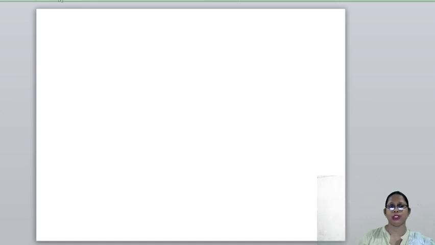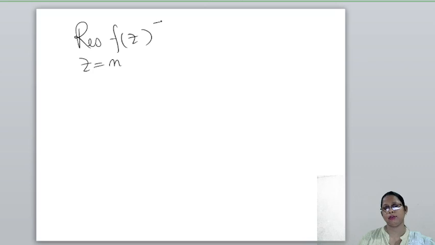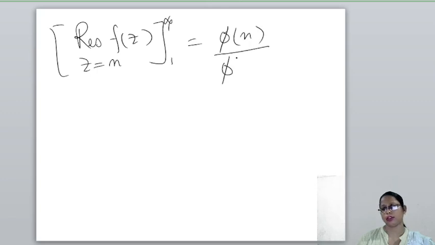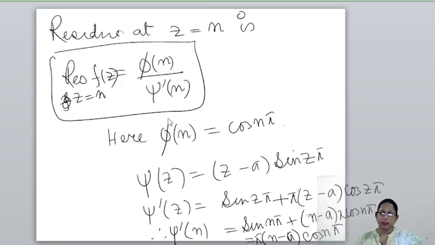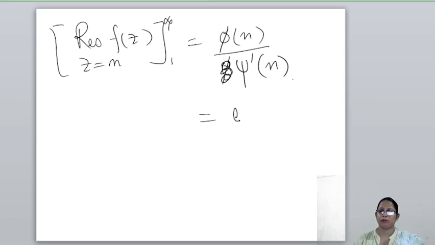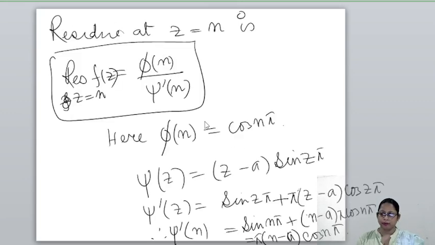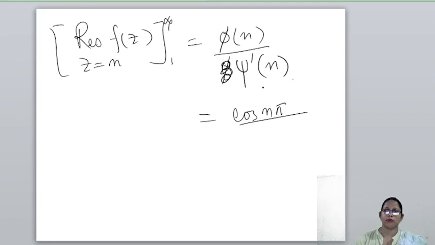Therefore the residue of f(z) at the simple poles z equal to n is given by φ(n) by ψ'(n). So φ(n) is cos(nπ) divided by (n − a)π cos(nπ). The cos(nπ) cancels out.